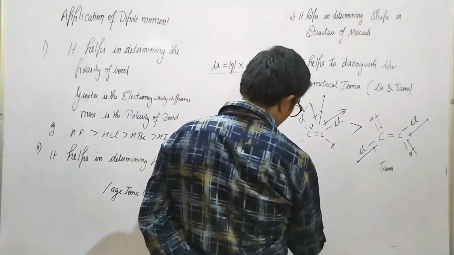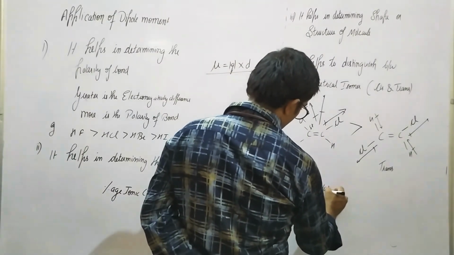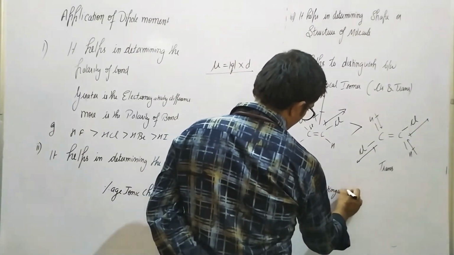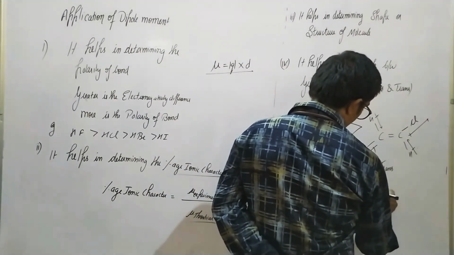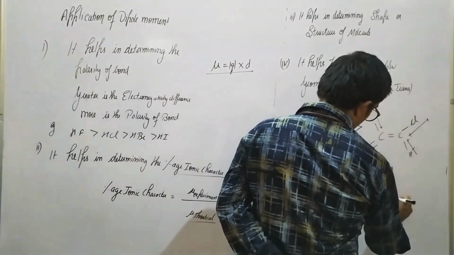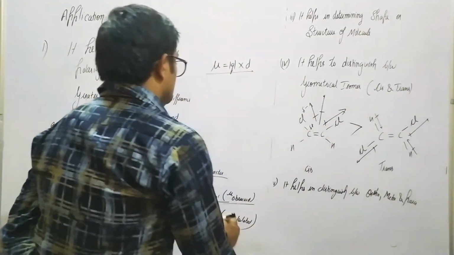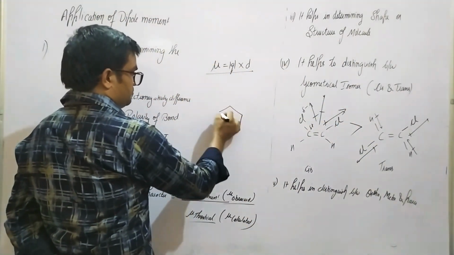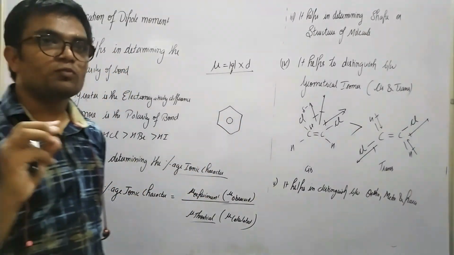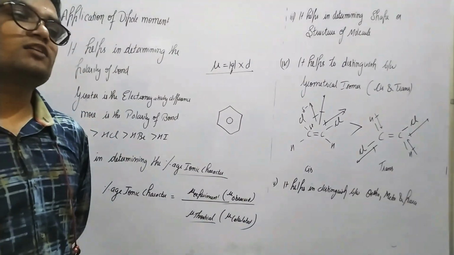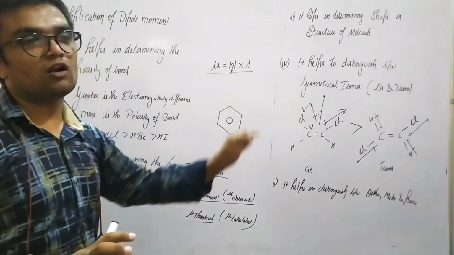It also helps in distinguishing between ortho, meta and para isomers. So you should know this structure is called benzene. And as long as no functional group is attached on this benzene, there is no ortho, no meta, no para. All the positions are equivalent around the benzene.